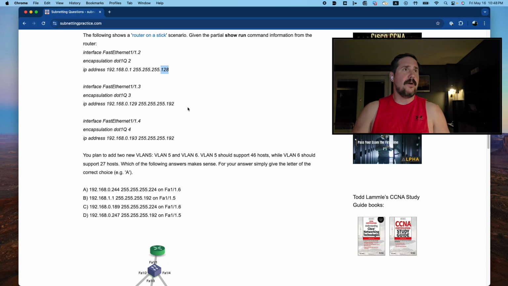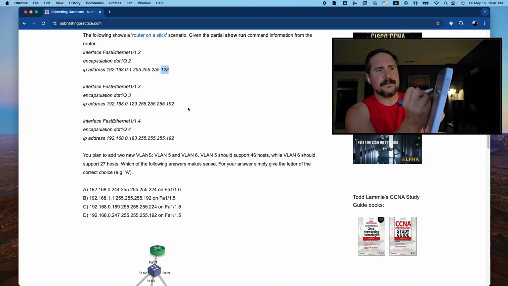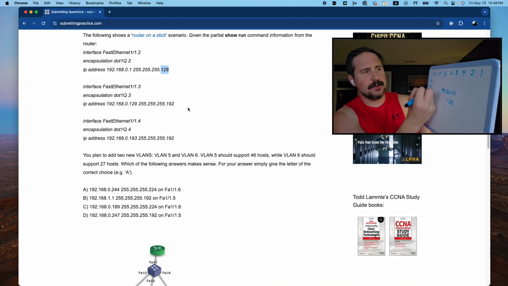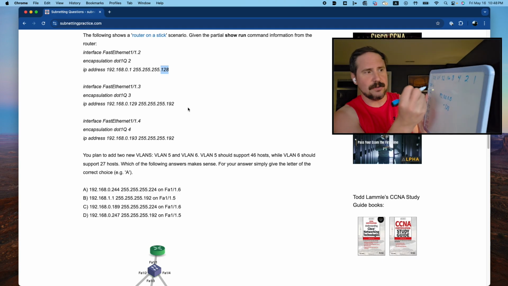Now, Fast Ethernet 1.3, what does it occupy? What's the range? So it is a .192. And so in that case, for .192, I just put a tick mark for the two values that add up to 192. All right, so it ends up looking like that.